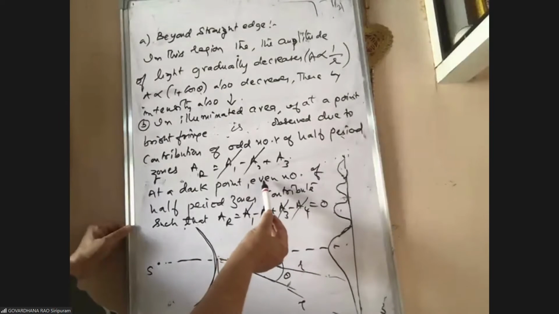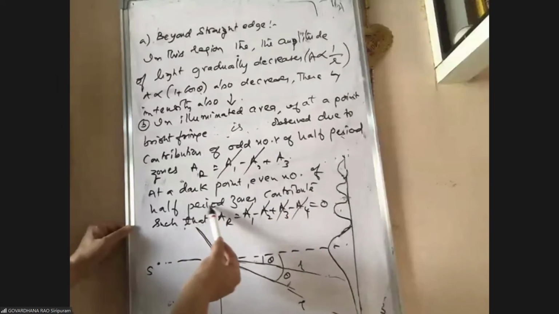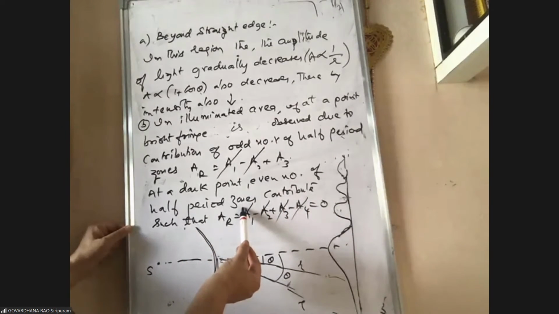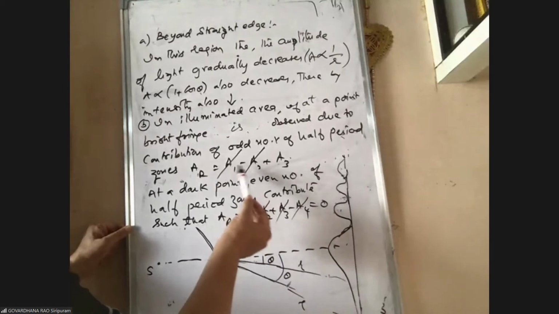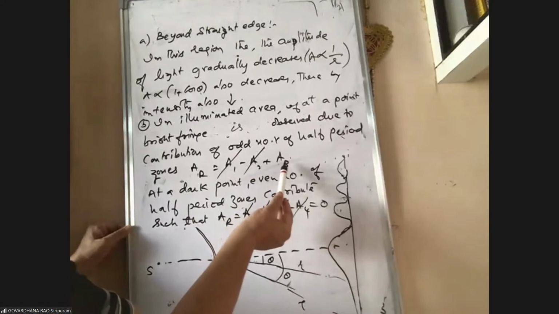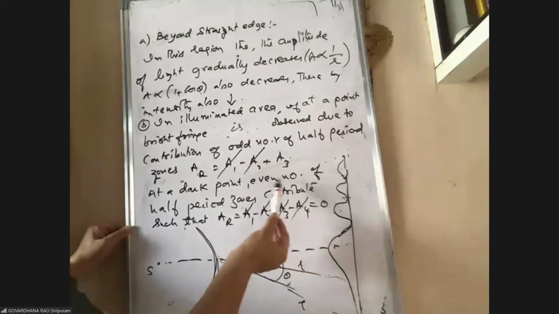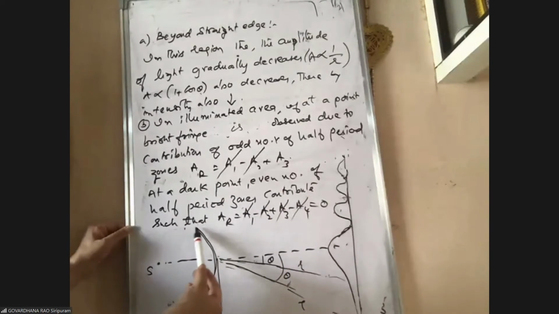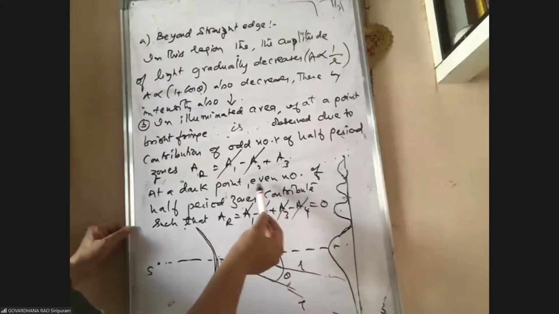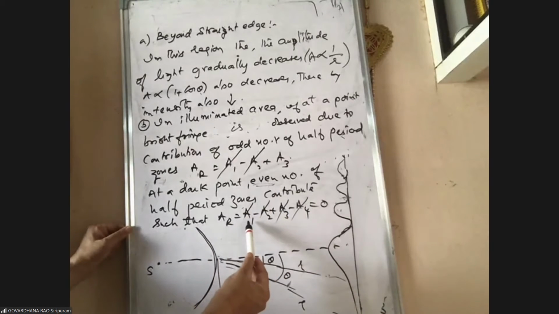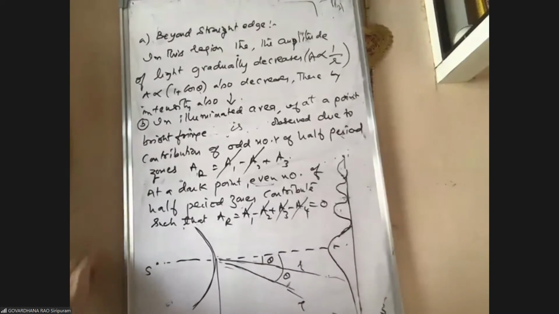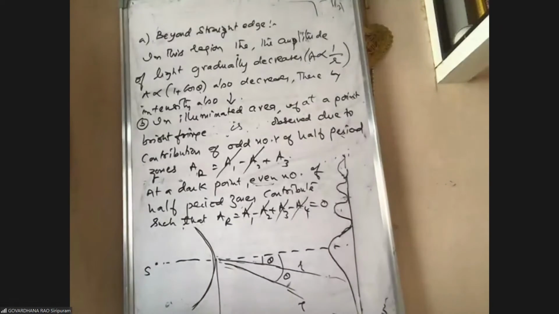At a dark point, even number of half period zones contribute. At bright, odd, because if odd, two cancel and one remains. For dark, contribution due to even number of half period zones, like 4, 6, they get cancelled like this. You will get 0. That is what he said.